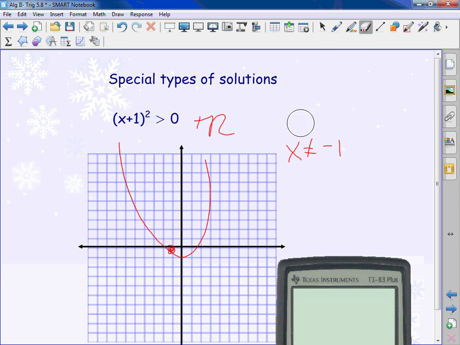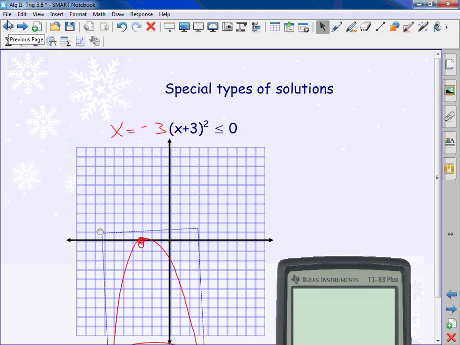Or I can just do this. x can't be -1. It is greater than 0 always except for at -1. That's what I wanted you guys to see. If it is less than or equal to, it is just at that point.